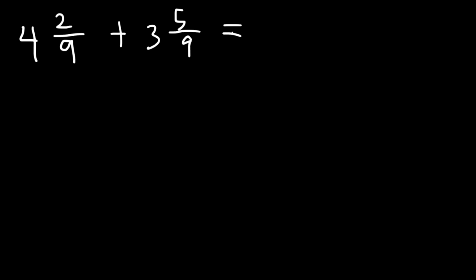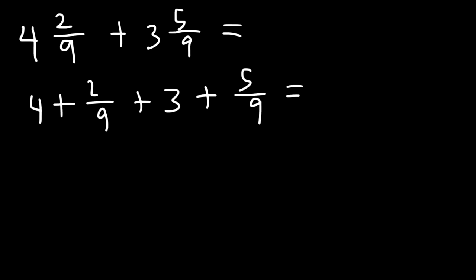Now let's focus on adding two mixed numbers. So what's 4 and 2/9 plus 3 and 5/9? 4 and 2 over 9, we can expand it like that. We could expand 3 and 5 over 9 as 3 plus 5 over 9. So now let's add the similar terms.